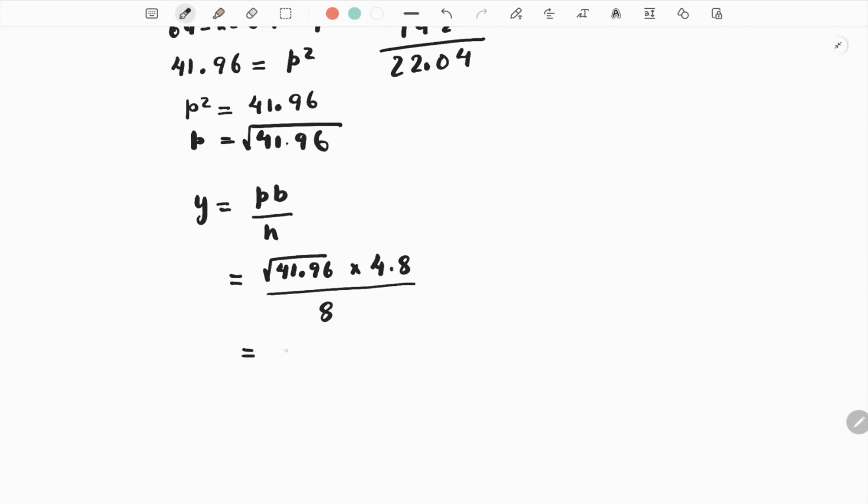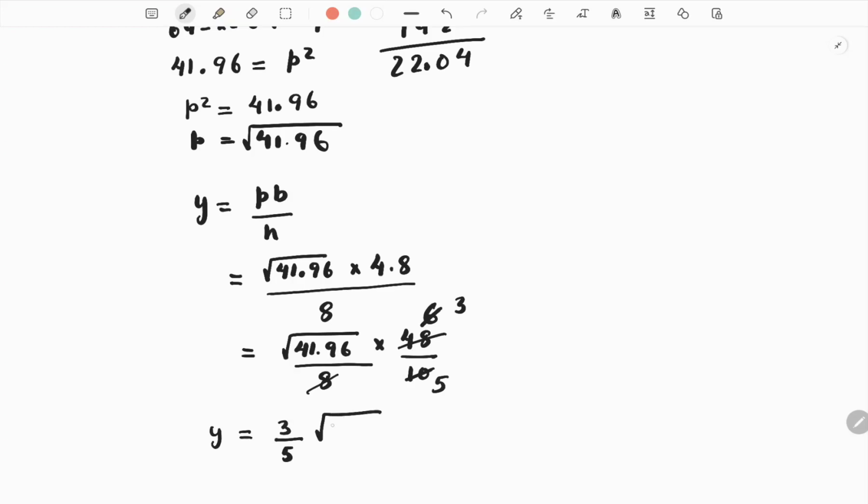So 4.8 we can write as 48 divided by 10. So here we can write 41.96 multiply 48 divided by 10. Here 8 remains. So 8 into 6 is 48, 2 into 3, then 2 into 5. So finally the value of y is 3 by 5, then root over 41.96. So this is the value of y.